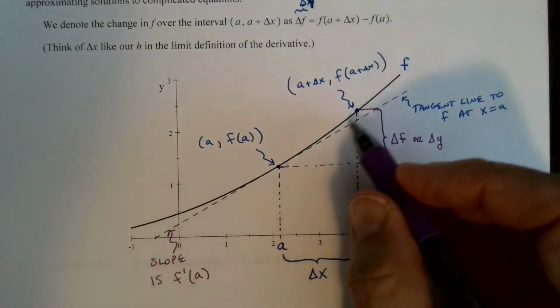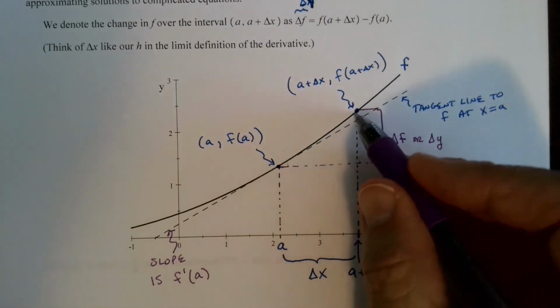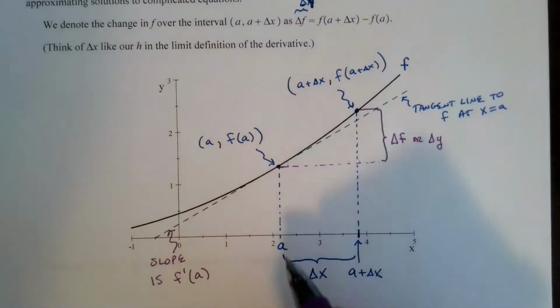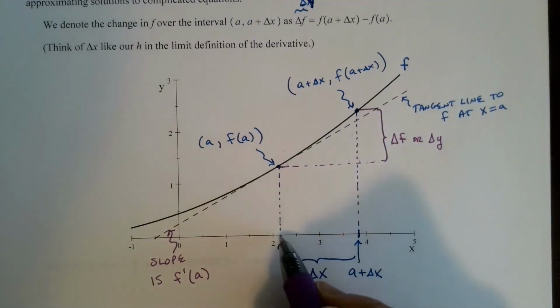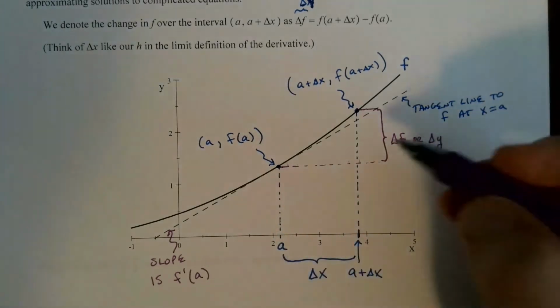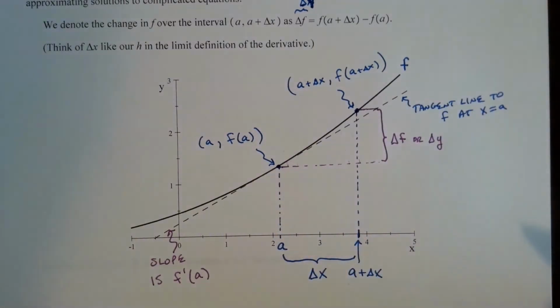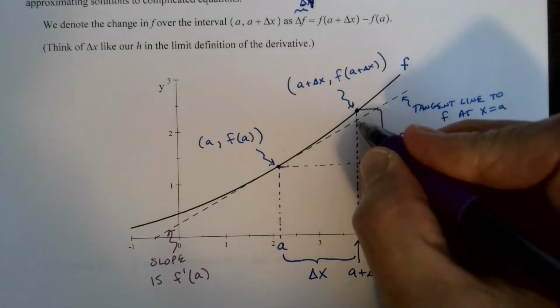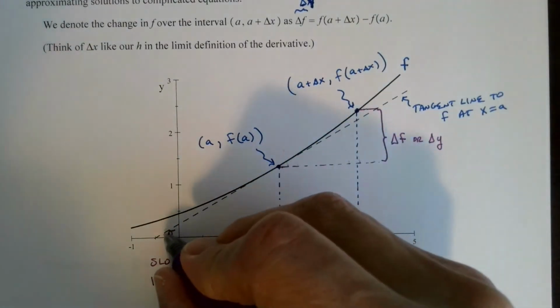So I can approximate this change in f, the change in the function, as I move from a to a plus delta x, over this interval of length delta x, using the tangent line.